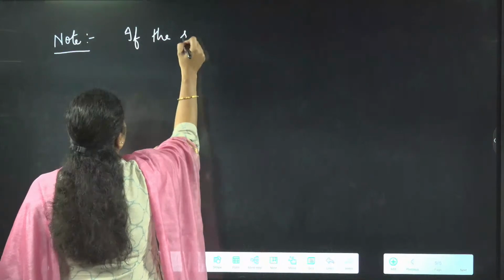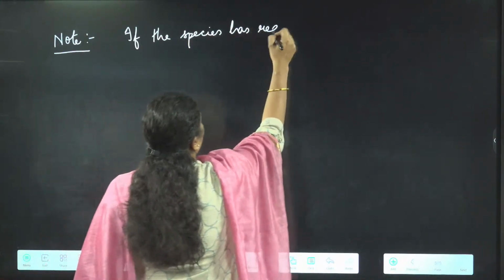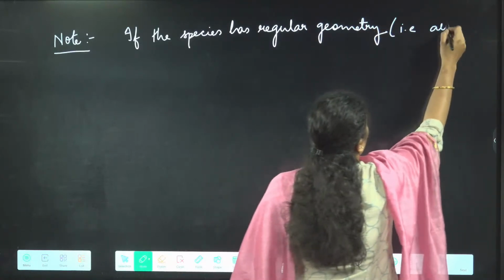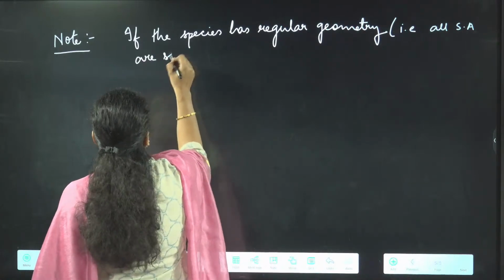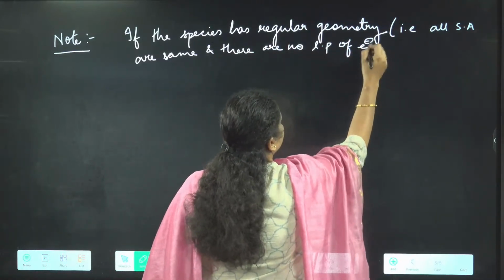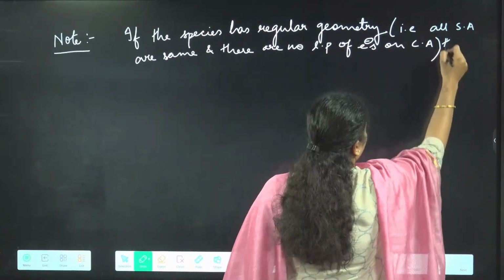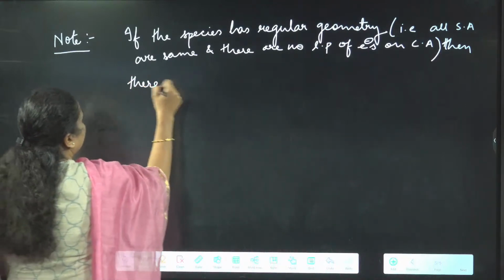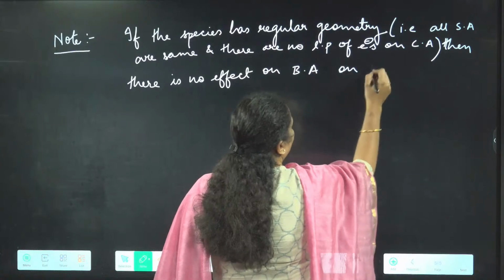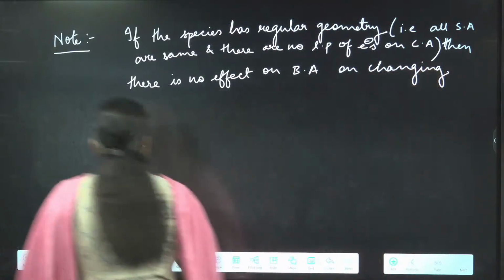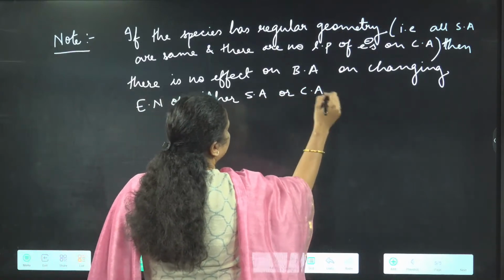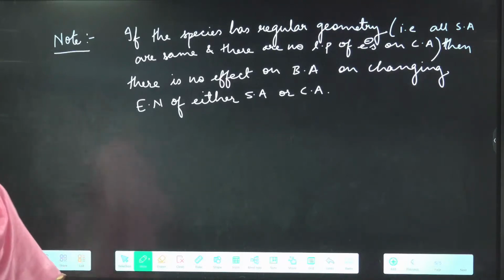If the species has regular geometry, that is, all surrounding atoms are the same and there are no lone pairs of electrons on the central atom, then there is no effect on bond angle on changing the electronegativity of either the surrounding atom or the central atom, right? So please write this.